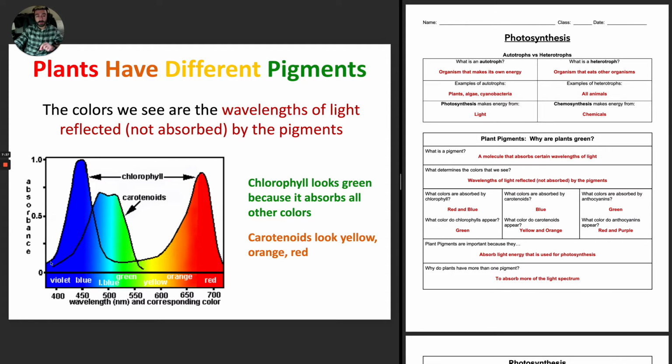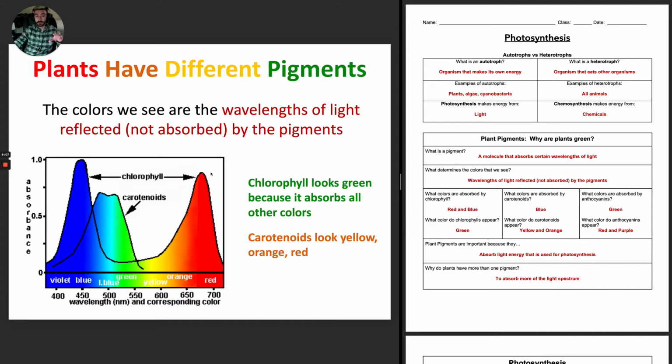So here we see a graph that shows different wavelengths of light measured in nanometers. That's just how we measure that size of wave. And then this is showing absorbance. So a taller peak means it absorbs more. So here, this is chlorophyll in these two peaks. And so this is saying in the violet to blue range, there's a lot of absorbance. It comes back down and there's virtually no absorbance in the green to yellow range.